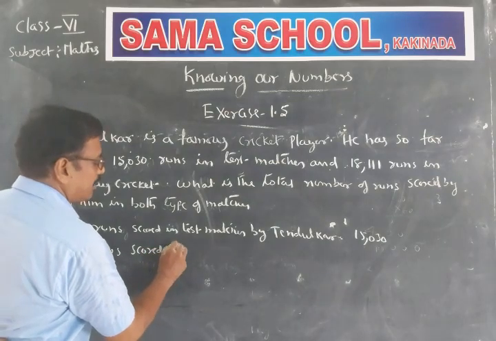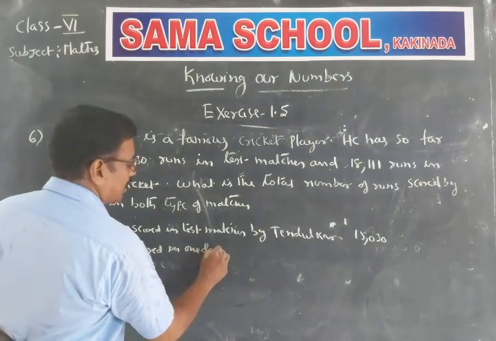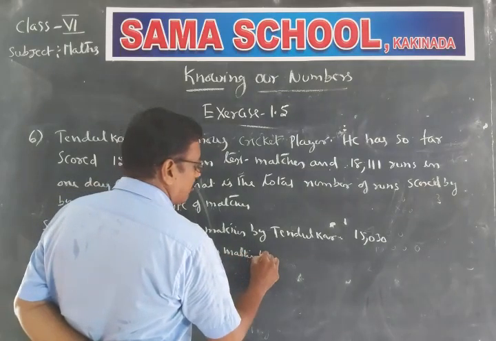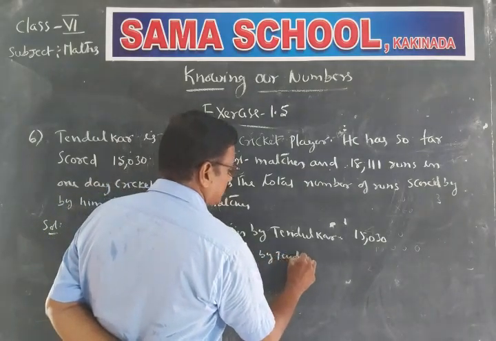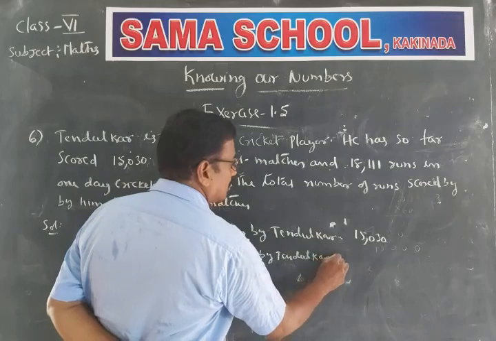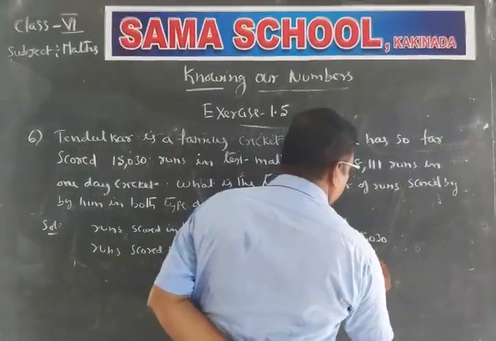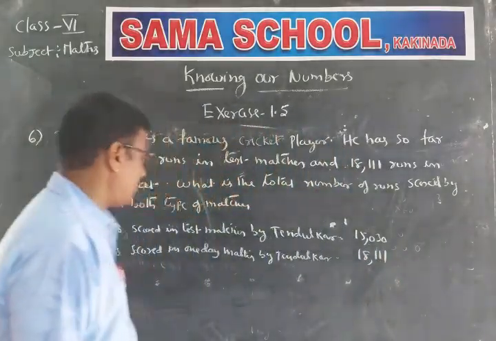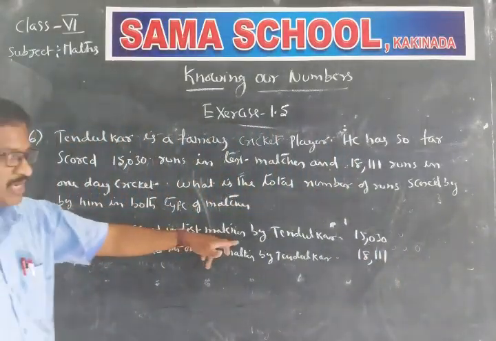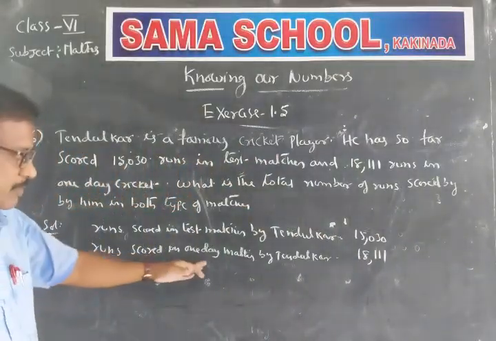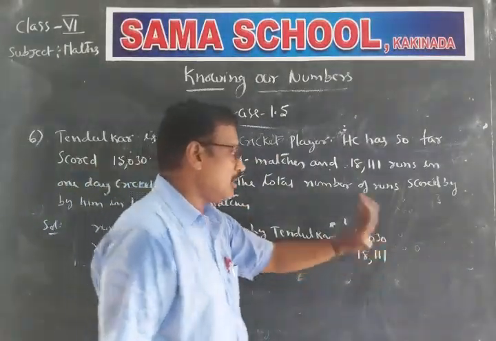Runs scored in one day matches by Tendulkar are 18,111 runs.